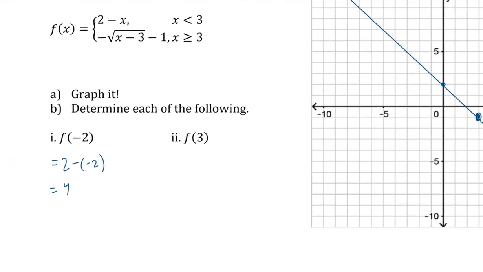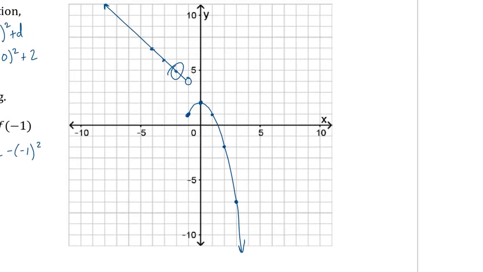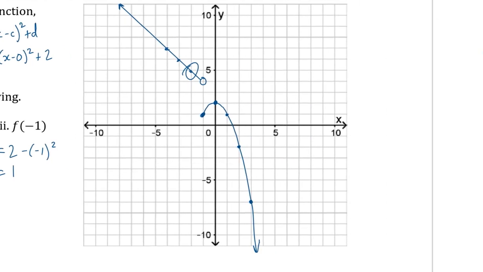Now, this square root doesn't even exist at negative 2, because square roots have a bound under which they're defined for the domain. But let's say it was a question that didn't. For example, up here in this one, we found negative 2 again. Well, this quadratic certainly has a value at negative 2. But that would be wrong for the overall function.